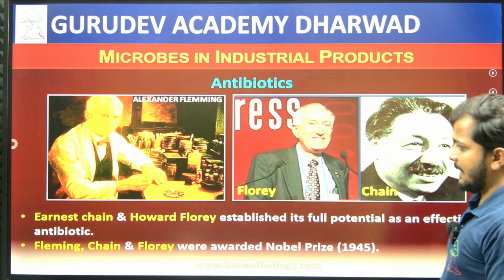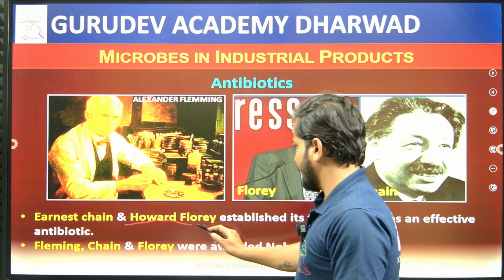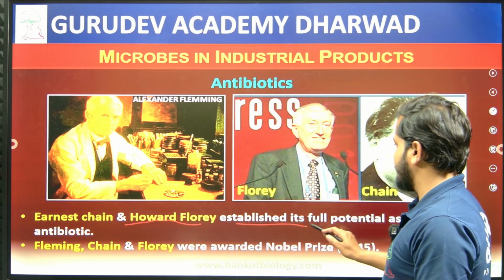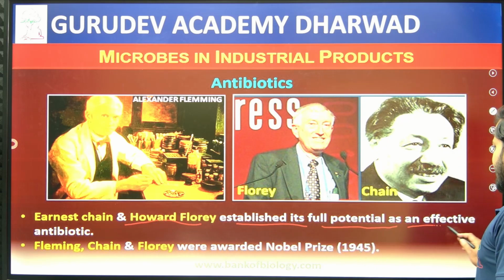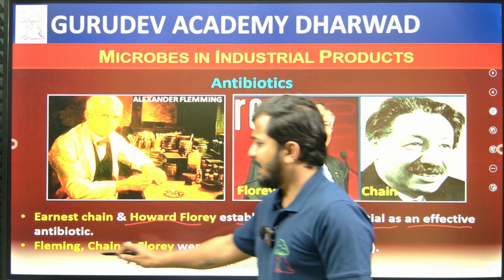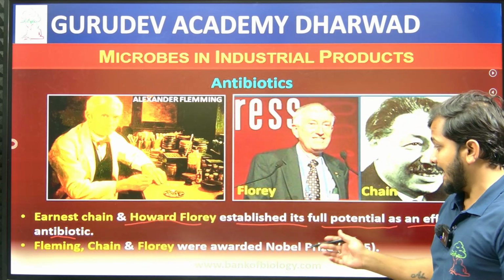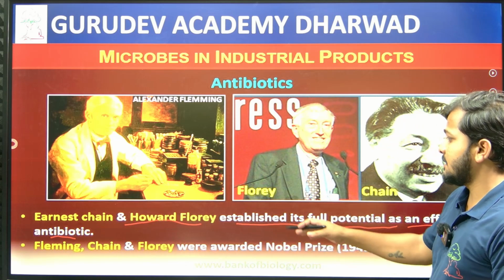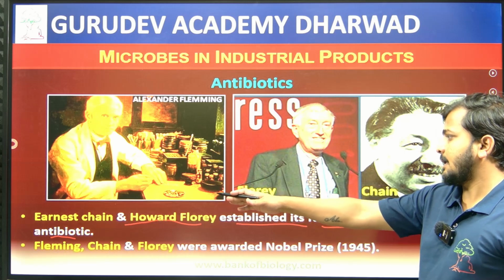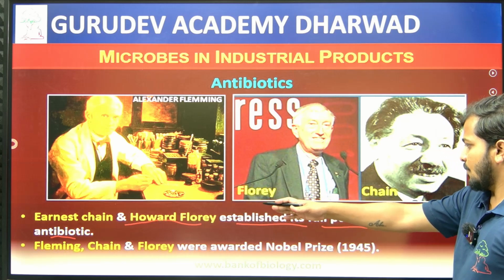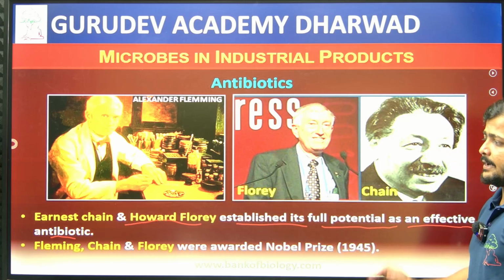Then Ernest Chain and Howard Florey established its full potential as an effective antibiotic. In the later period, penicillin could be used as an antibiotic, and for that purpose Ernest Chain and Howard Florey played a very important role.